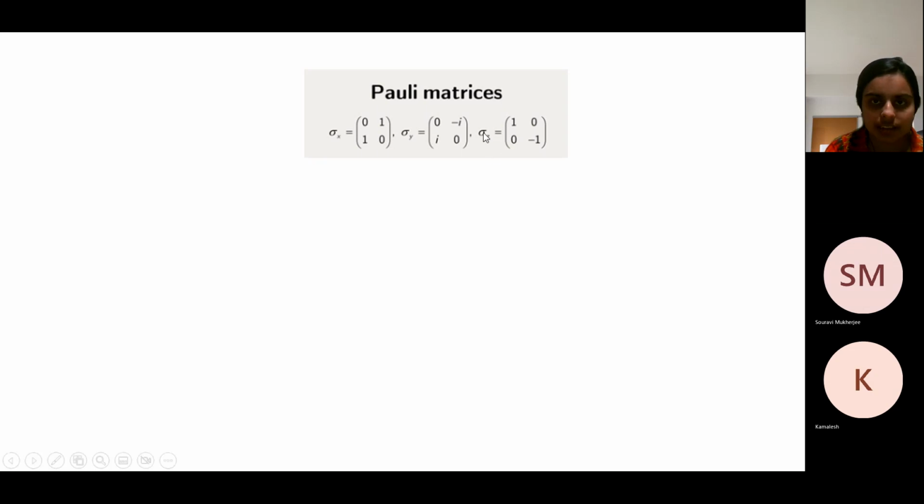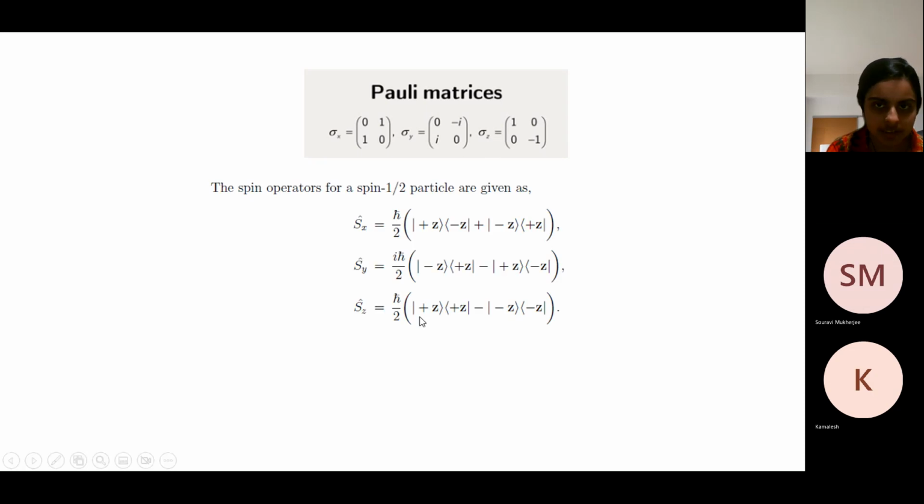If you look at sigma z first, how will you write this in terms of the basis vectors? How do you define that? You define it something like this. Sigma does not have h cut, but in the definition of S, the spin matrices, you can include h cut, so that the dimension is maintained.